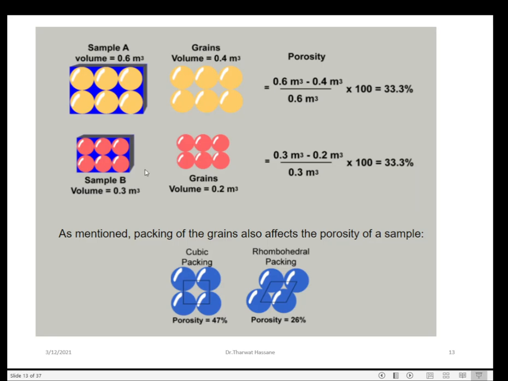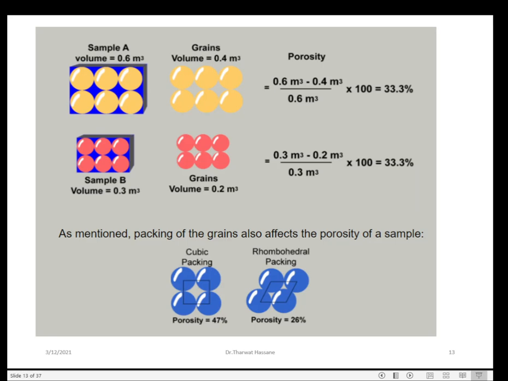If we decrease the sample so the volume is 0.3, and the grain size is 0.2, and you use the same equation, you will get the same porosity. That means the grain size doesn't affect the amount of porosity, when you have identical grain size like that, very well sorted or rounded.